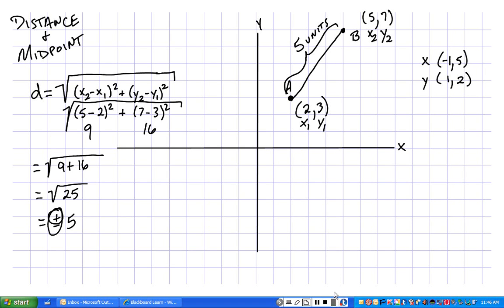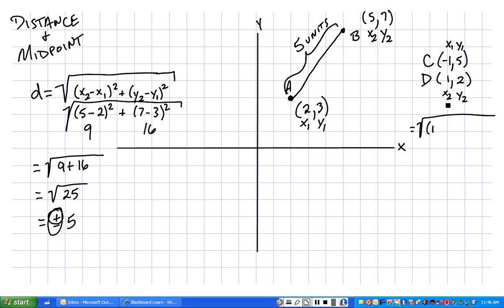I changed from X and Y to C and D because I don't want to confuse you. I'm not going to actually plot the points. I'm just giving you 2 points, and we want to find the distance between those 2 points. So again, x1, y1, x2, y2. You put it in your formula.